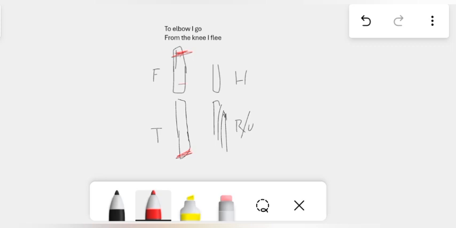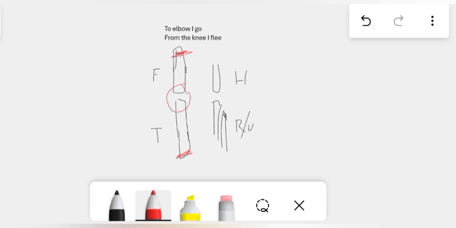In between them is the knee, and the growing ends are away from the knee. So the nutrient foramen will always be directed towards the growing end of the bone. So in the case of femur, it will be directed upwards. In the case of tibia, it will be directed downwards, always away from the knee.